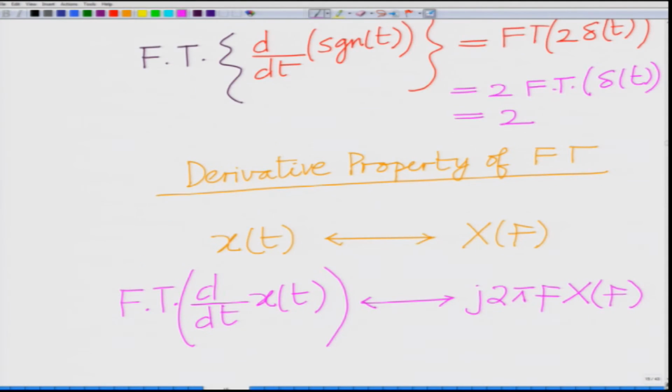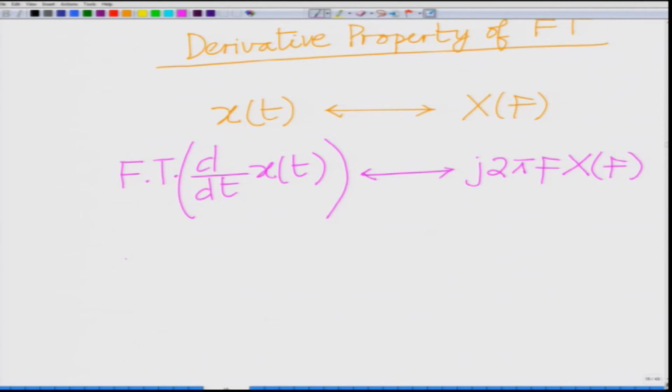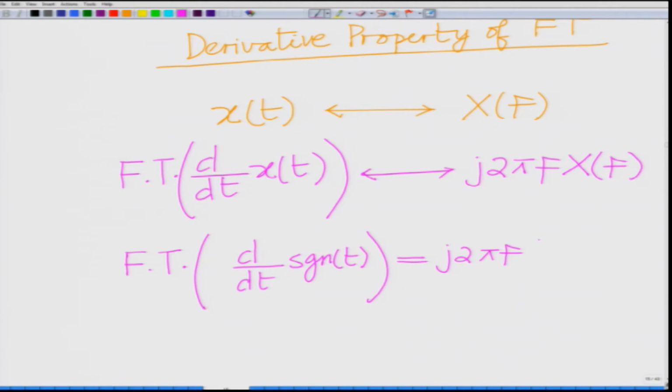And using this property, the Fourier transform of the derivative of sin t is j 2 pi f times the Fourier transform of sin t.